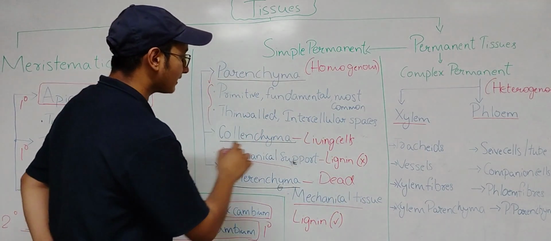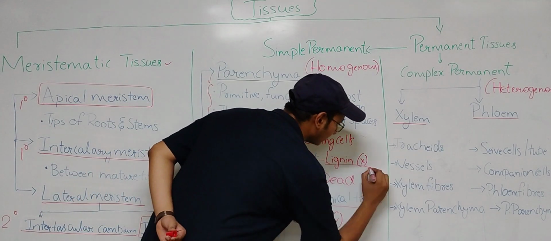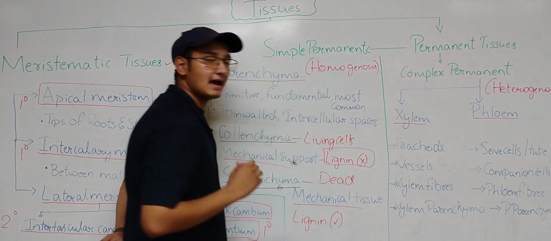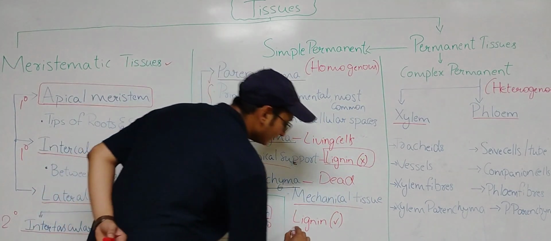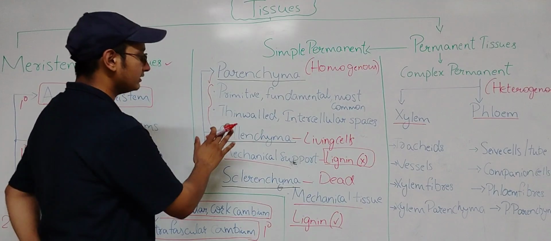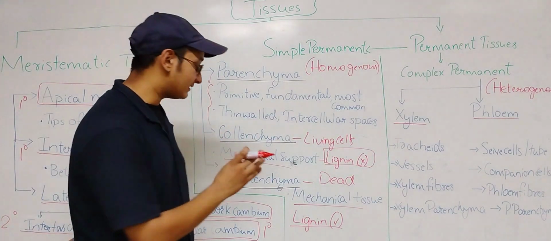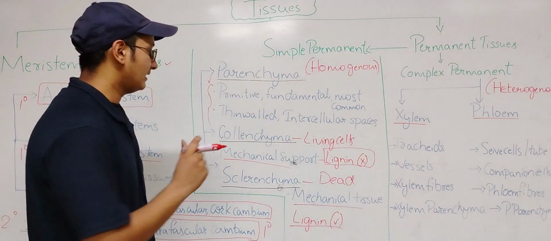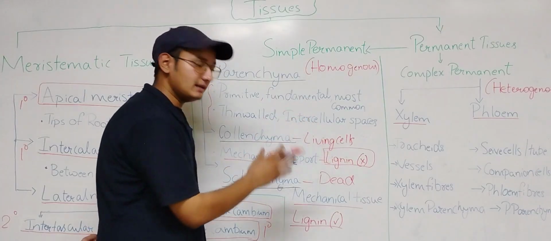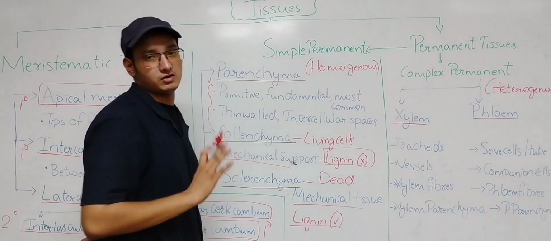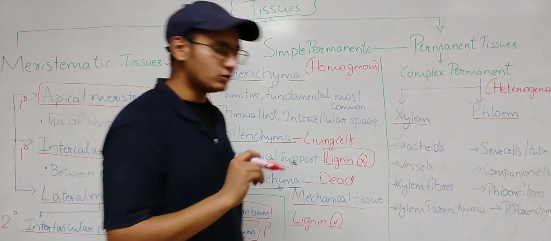In collenchyma the element called lignin is absent, and in sclerenchyma lignin is present in the walls. So that's the basic thing about them.